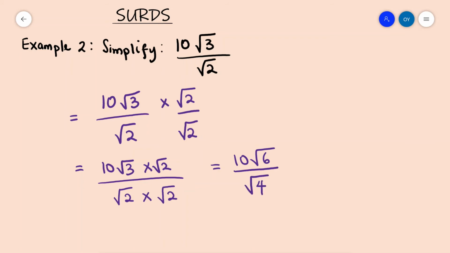Okay, and square root of 4 is 2, so we have 10 root 6 over 2. 10 divided by 2, we have 5. So this becomes 5 root 6. So 10 root 3 divided by root 2 is 5 root 6.